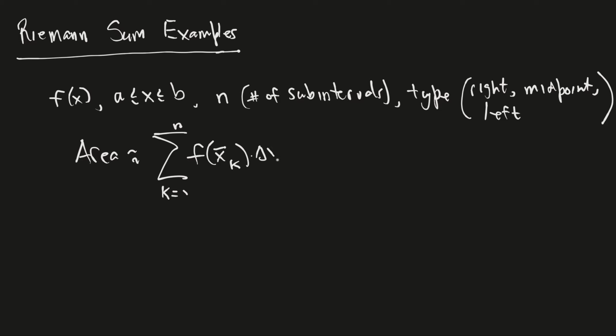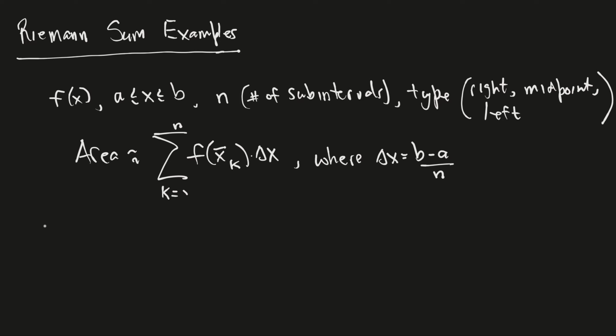So that's basically our formula for our Riemann sum or Riemann approximation, and that's going to approximate the area that we're looking for. And I'll just say where the delta x, and we also came up with this formula, is b minus a over n.